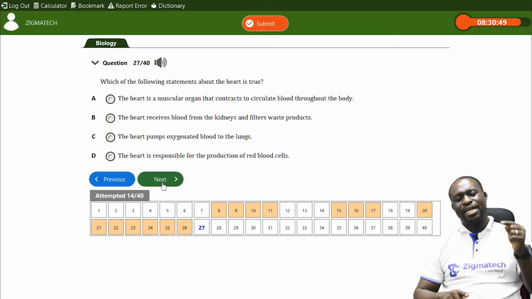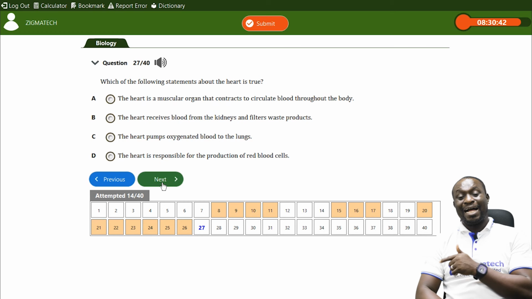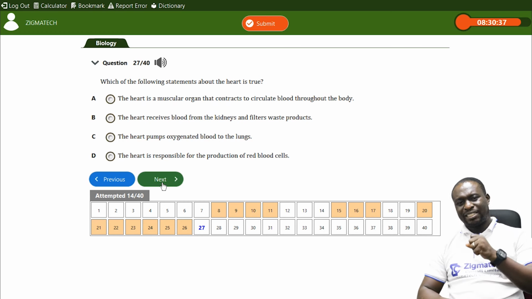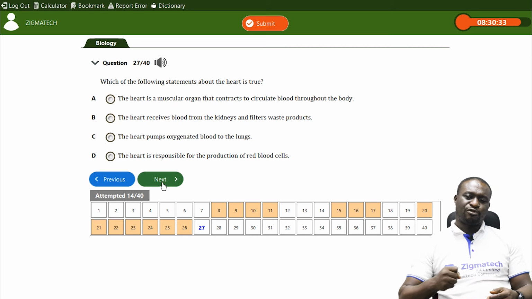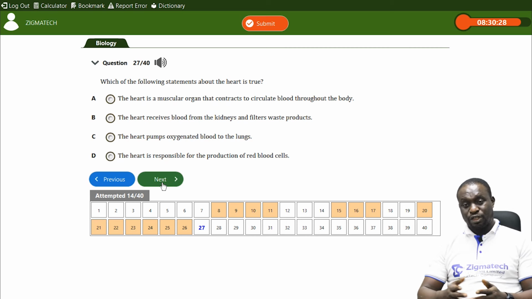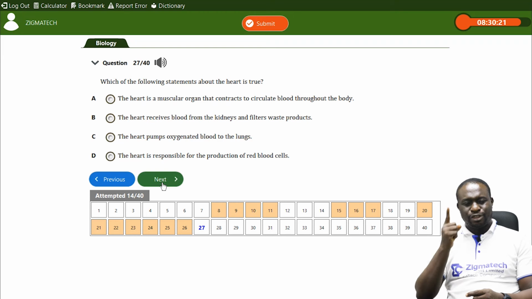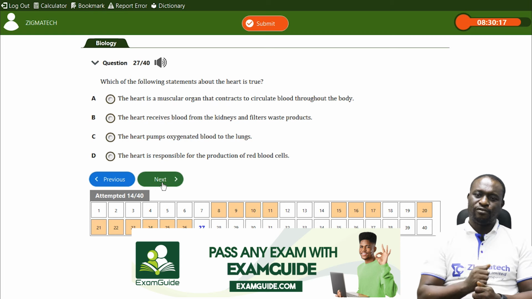Blood goes into the kidney from the heart through what we call the renal arteries, while the renal vein takes blood out from the kidney to other parts of the body, including the heart. So the heart does receive blood from the kidney, but the heart does not filter waste product. It is the function and the job of the kidney.